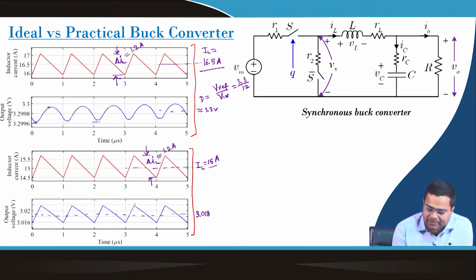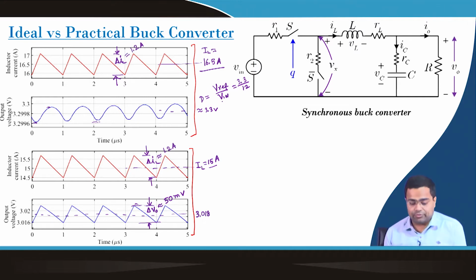And what about the ripple parameter? If you take the ripple output voltage, it is around 50 millivolt, whereas earlier it was around 0.4 millivolt.